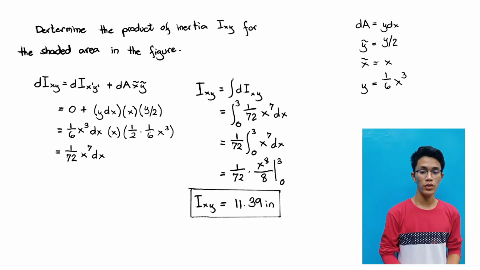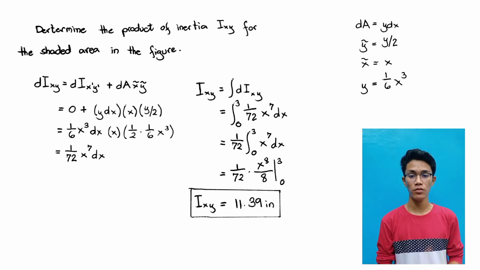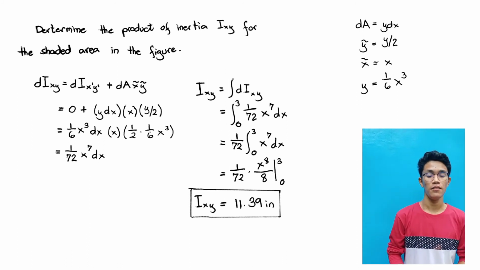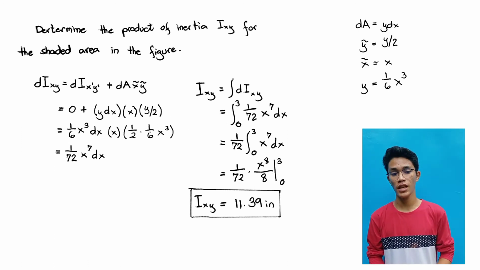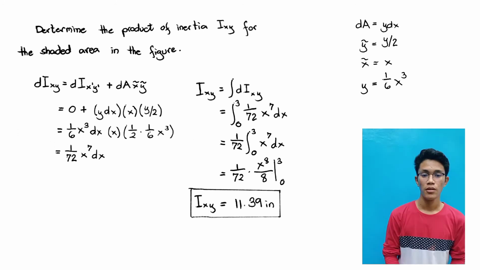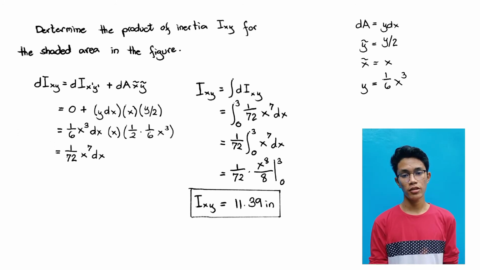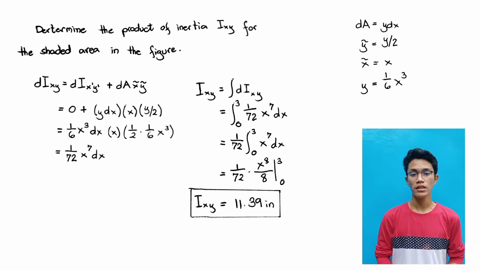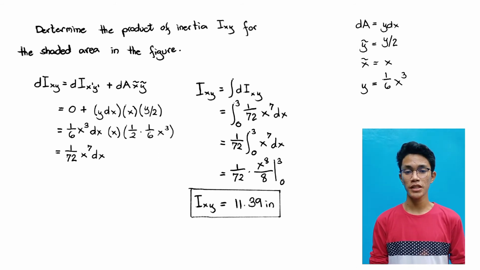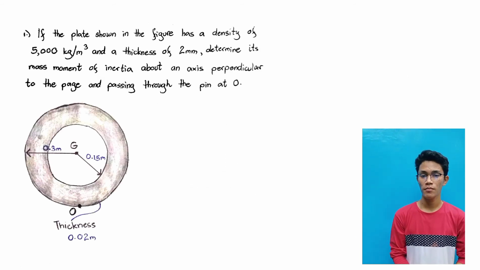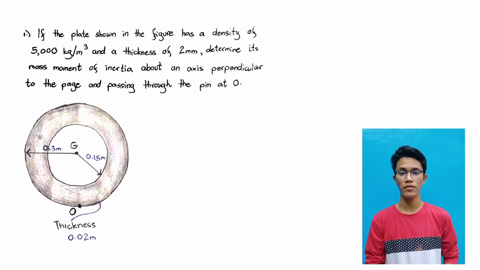By integrating with respect to x from 0 to 3, we get the integral of 1/72 x to the 7th dx from 0 to 3. By performing further integration, the value of the product of inertia is equal to 11.39 inches to the 4th.